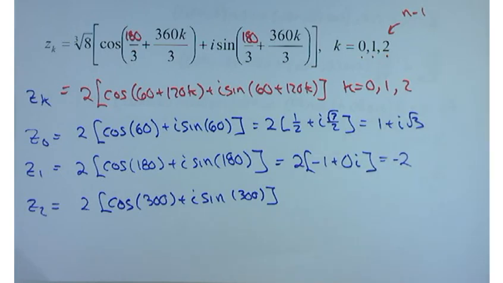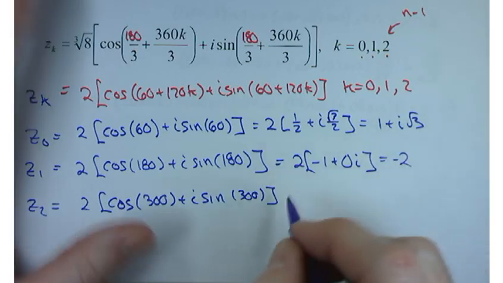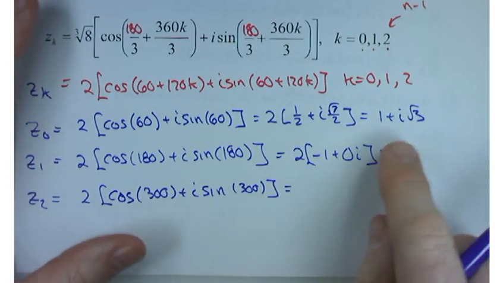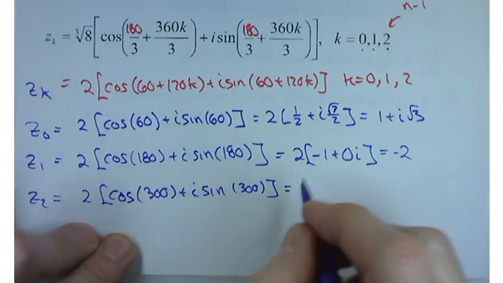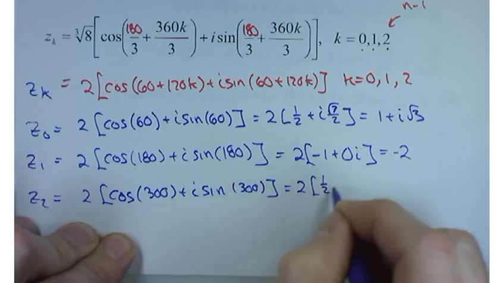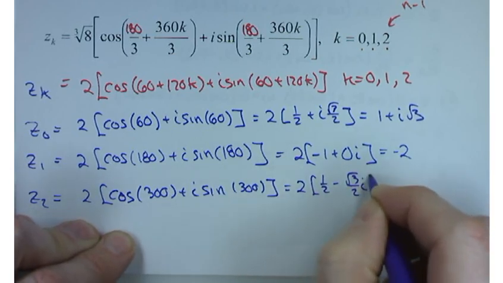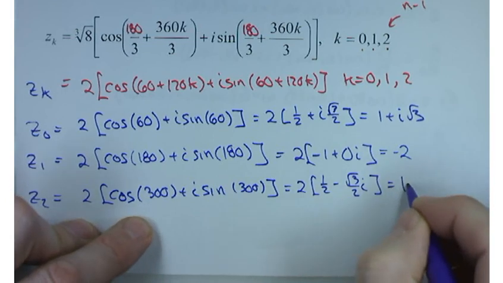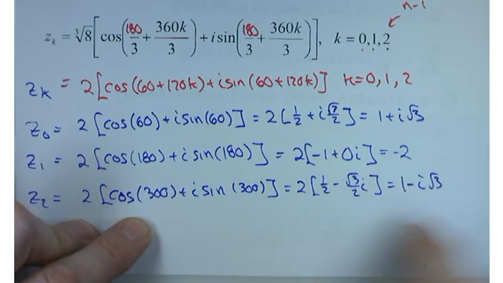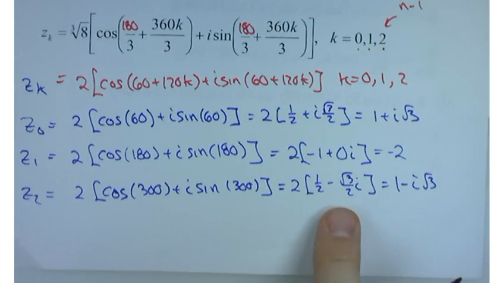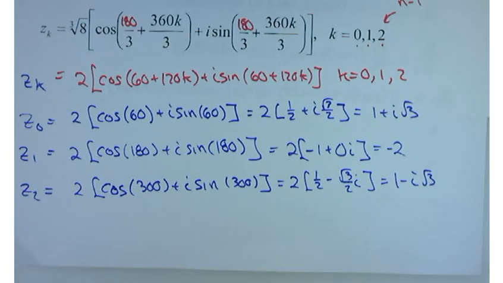So let's be careful and put the i out in front here. Likewise down here, it's going to be 2 times 1/2 minus the square root of 3 over 2 times i, which is going to be 1 minus i square root of 3. When you distribute that, the 2's cancel out from the denominator. So there you have it.